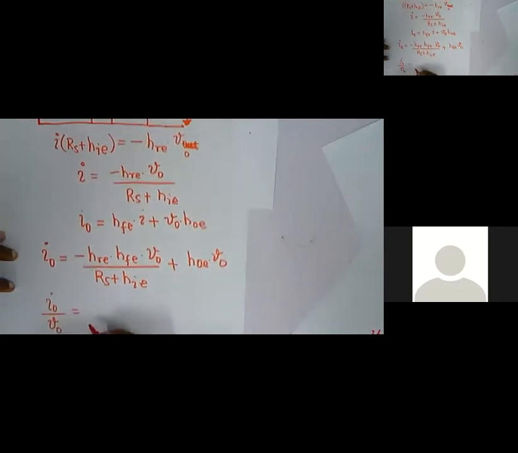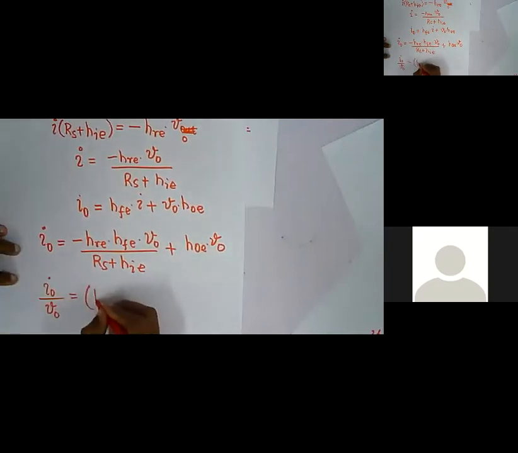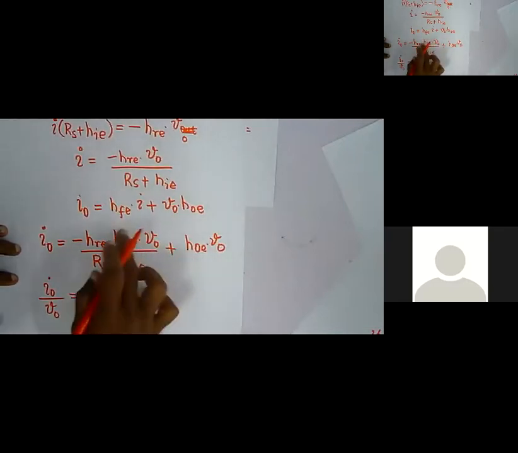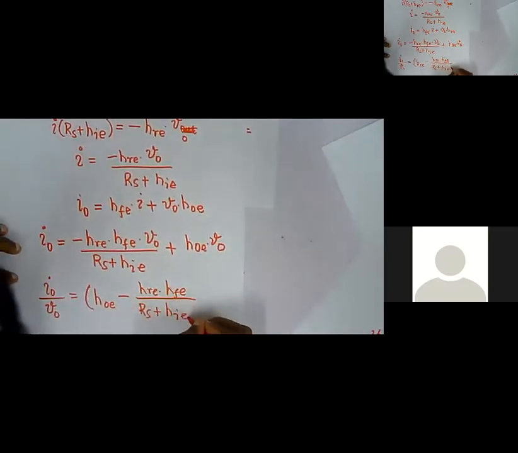So IO by VO equals HOE minus the whole term, HRE HFE divided by RS plus HIE.